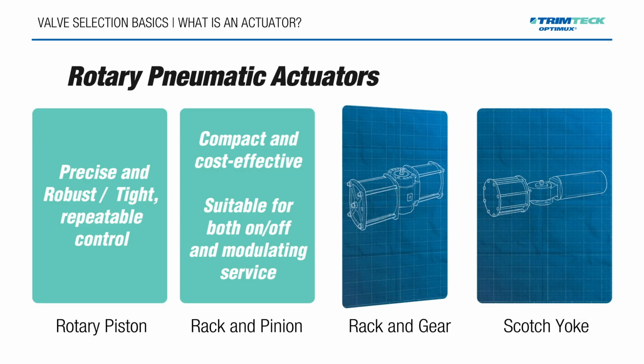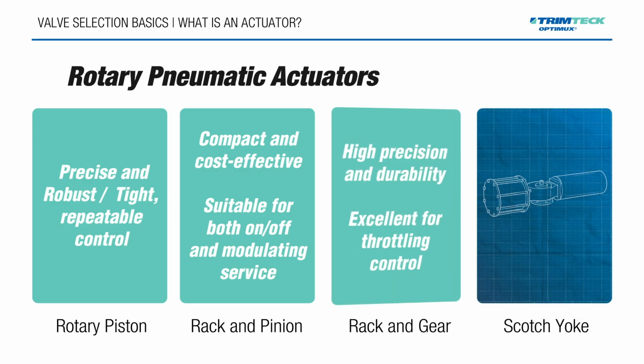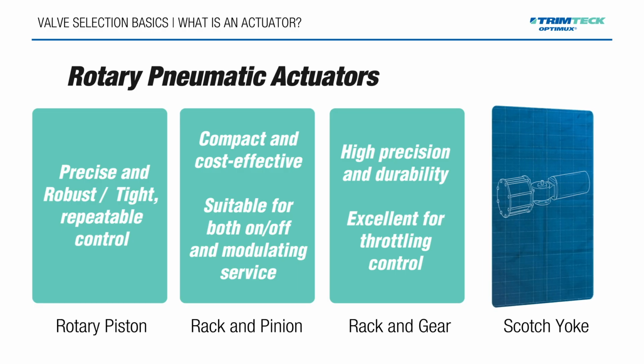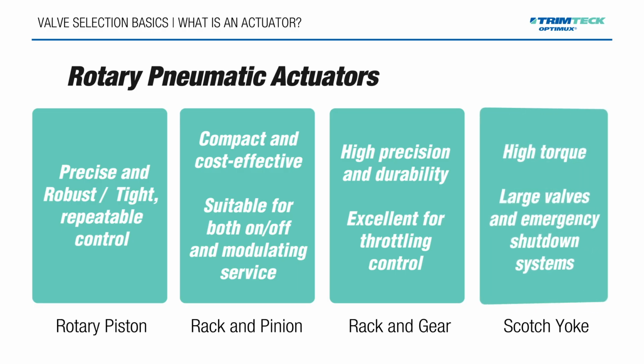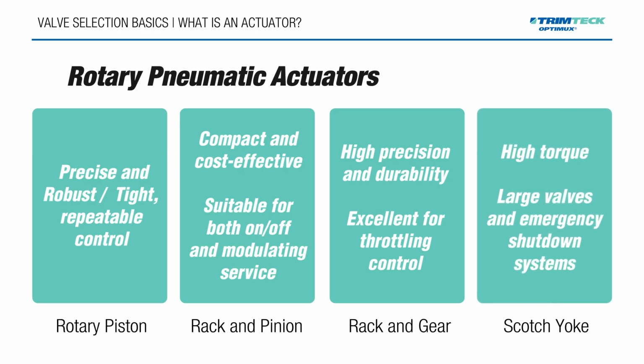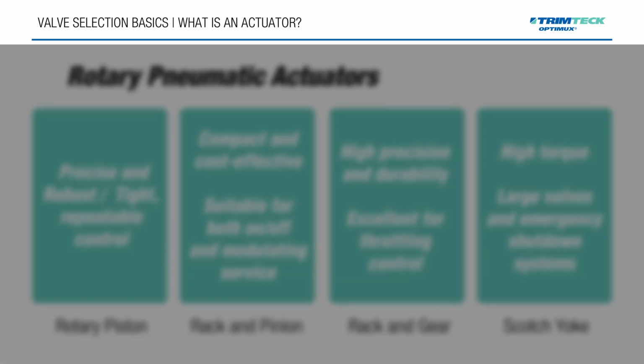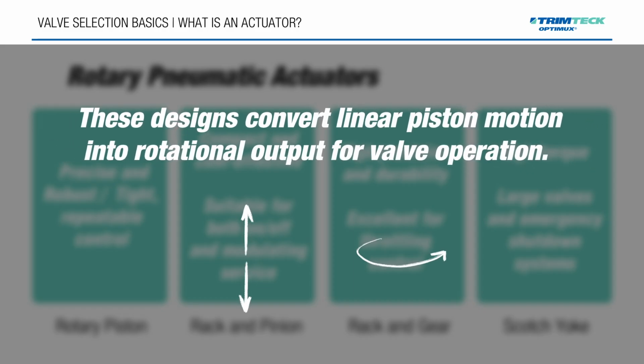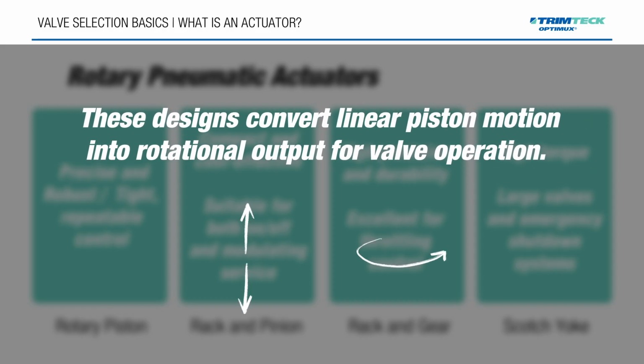Rack and gear actuators offer high precision and durability, making them excellent for throttling control. Scotch yoke actuators are designed for high torque and are ideal for large valves and emergency shutdown systems. These designs convert linear piston motion into rotational output for valve operation.